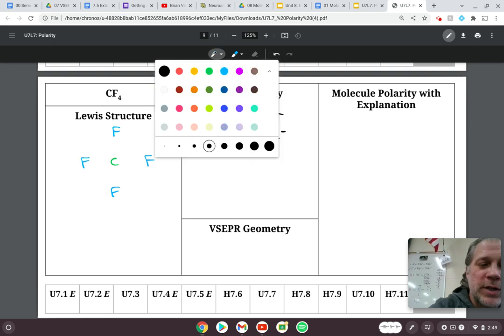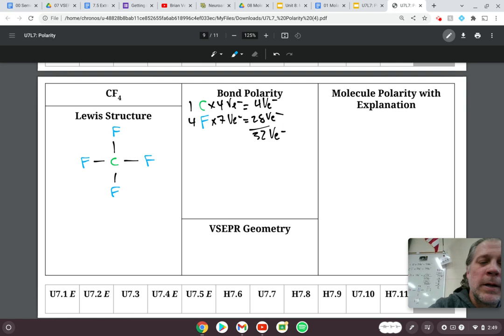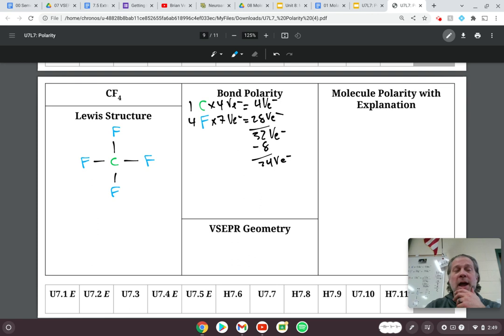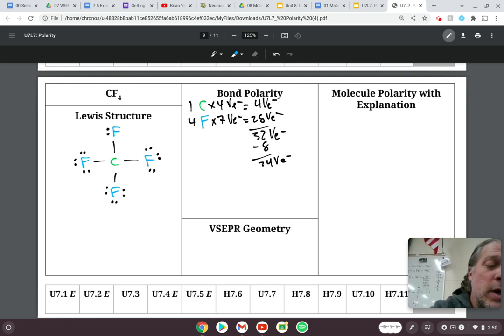And then I'm going to do single bonds. And each bond is 2 electrons, so I had 2, 4, 6, 8. So that gives me 24 valence electrons. My carbon has 8 electrons around it because of each of the 4 bonds. Each fluorine has 2 electrons around it, so I need to add electrons. 2, 4, 6, 8, 10, 12, 14, 16, 18, 20, 22, 24.